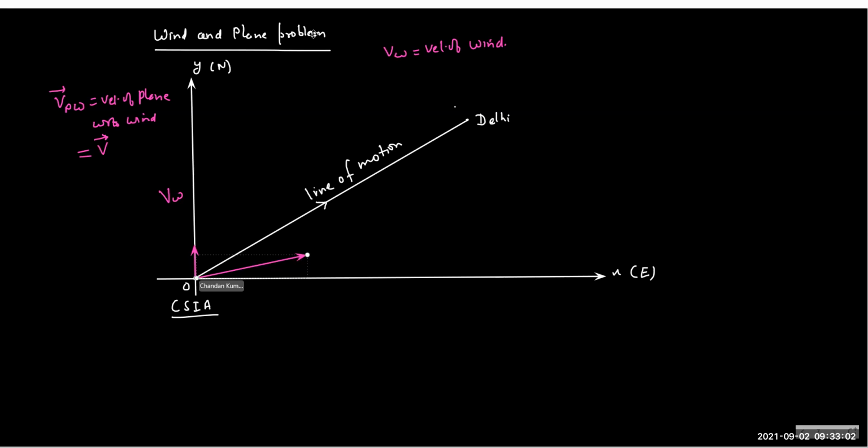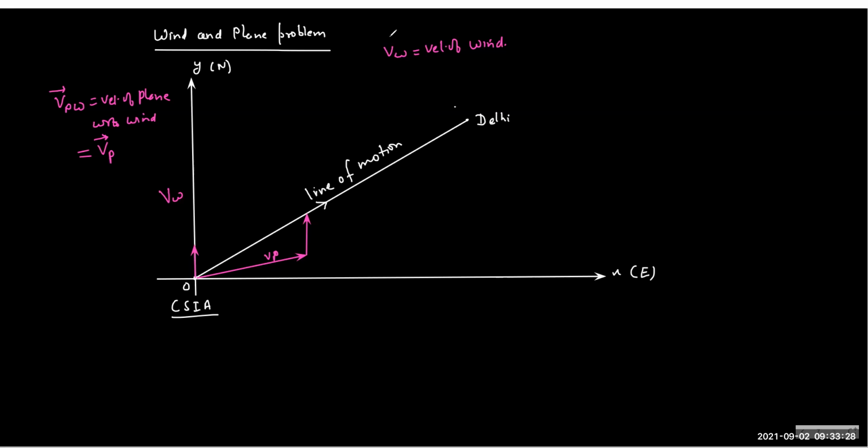So the two together, the velocity of plane, which is this way, let's call it VP. VP is the better way. And this is VPW. Not this, this is VPW.